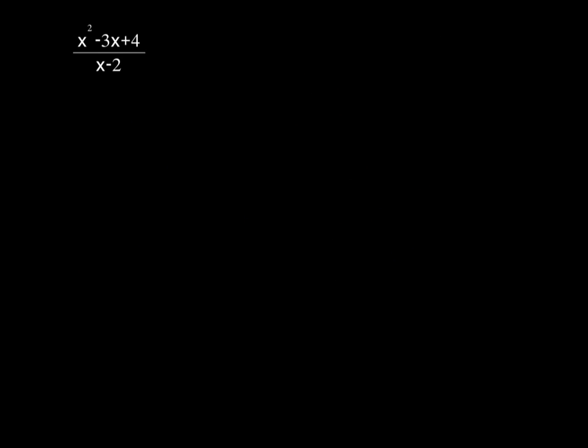This next example, x squared minus 3x plus 4 divided by the quantity x minus 2, we will have to do using long division because x minus 2 is not a monomial, it's a binomial. So first we write it the same way that we wrote our division when we were just doing numbers. X squared minus 3x plus 4 underneath, and x minus 2 on the outside.